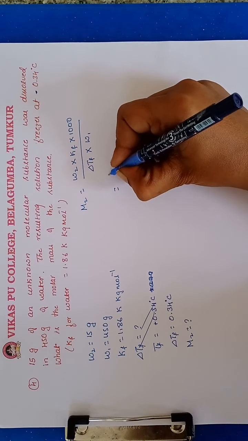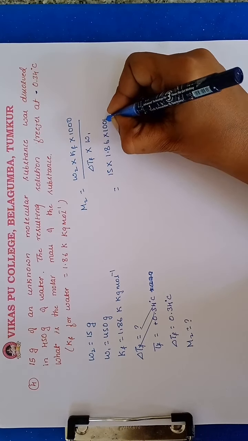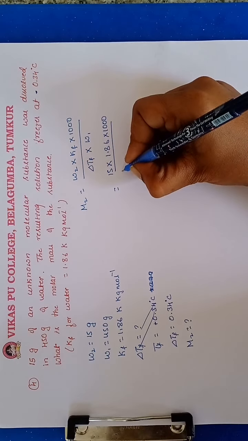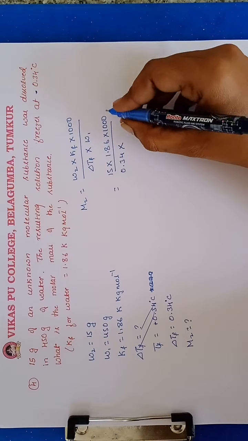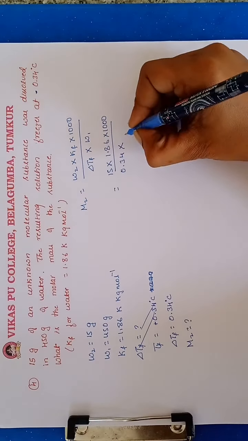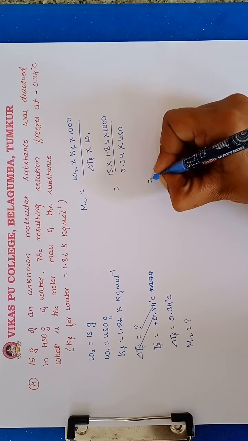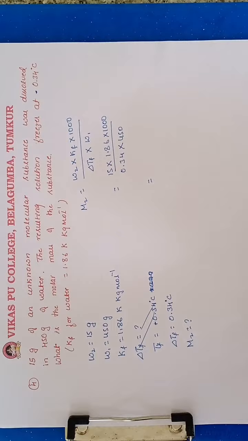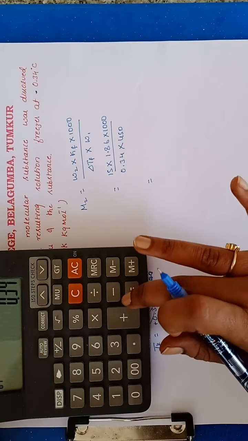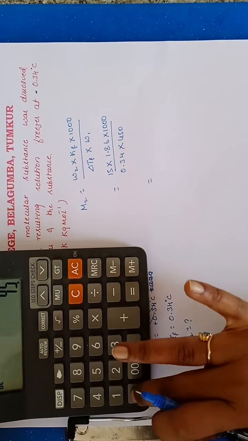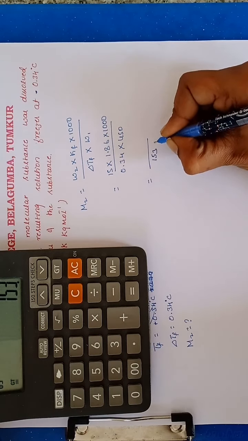W2 is 15 into 1.86 into 1000 divided by delta Tf is 0.34 into W1, that is 450. We need to calculate this. 0.34 into 450 equals 153.